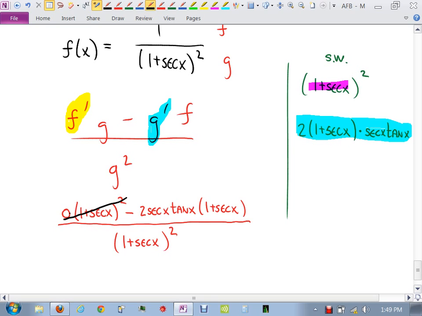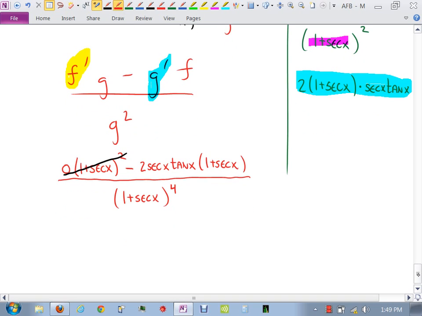That whole thing squared, so that should actually be what power there? 4th power. And what happens now is the 0 kills off that top left. And then I have 1 plus secant to the 1st power on top, 1 plus secant on the bottom to the 4th. I can cancel 1, and that'll become a 3rd power on the bottom. And so you'll have negative 2 secant x tangent x over 1 plus secant x cubed, which is the same answer.